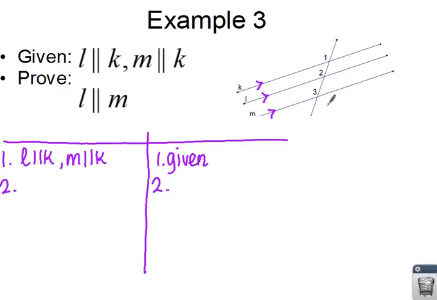Is L parallel to M? Because we have a theorem that says if two lines are parallel to the same line, then they're parallel to each other. Everybody's parallel to everybody. That's Theorem 3.9. Okay? Getting more proofs. We're starting to get into this now.